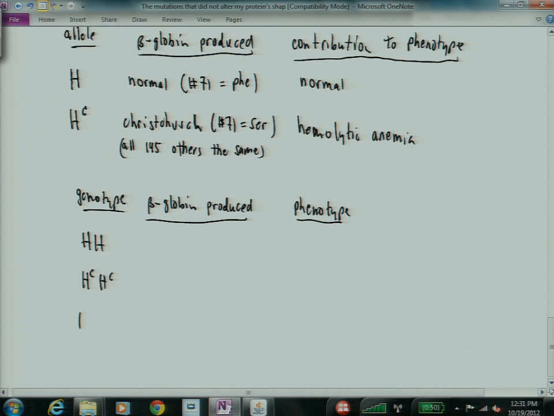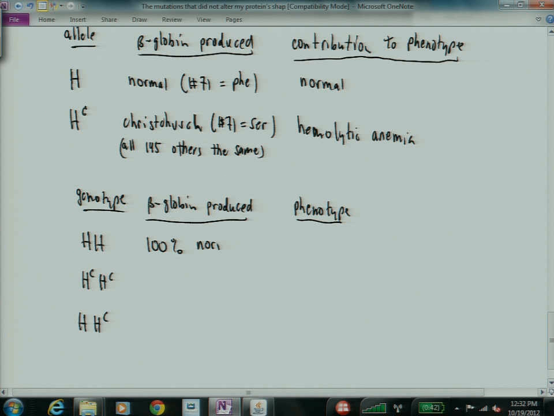As I said in that rule way up there, at the protein level, it's codominant. So both alleles always do their thing. In the case of a big H big H person, you get 50% of your protein from one big H allele, and the other 50% from the other big H allele. So that gives you 100% normal hemoglobin. In the big C big C person, what's the protein going to be?